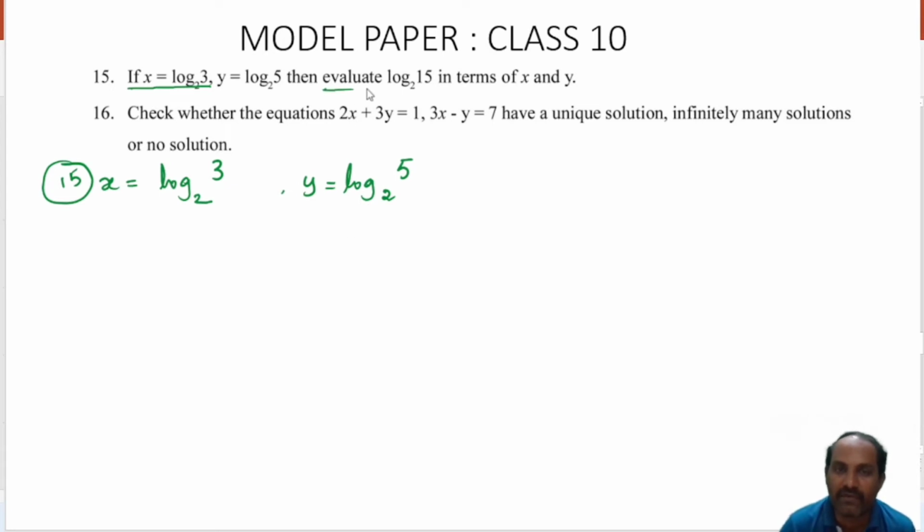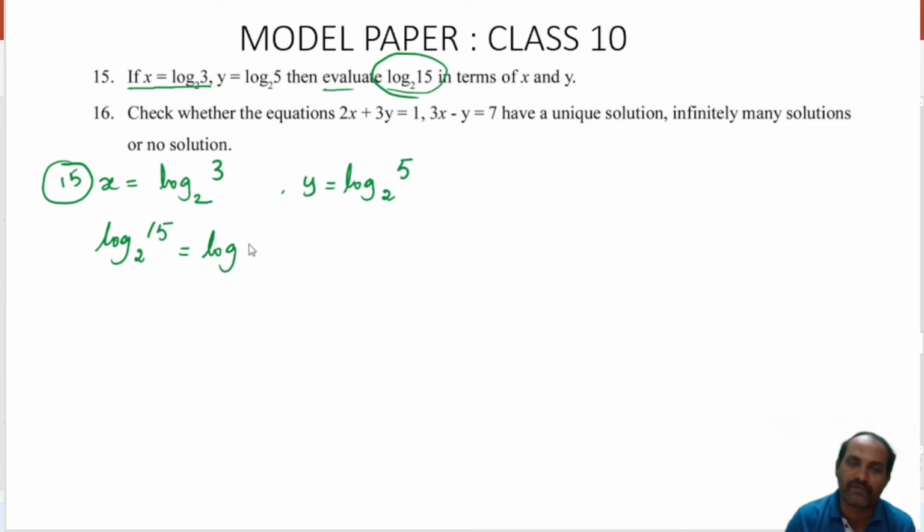Now evaluate log 15 to the base 2. So first, log 15 to the base 2. We know that 3 times 5 is 15, so log of 3 times 5 to the base 2.